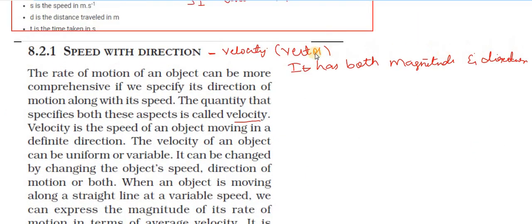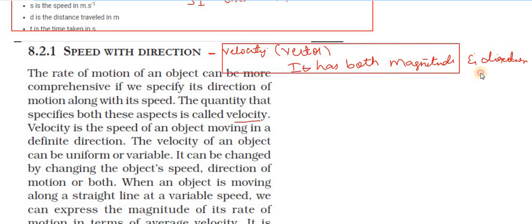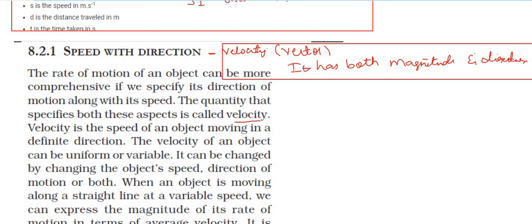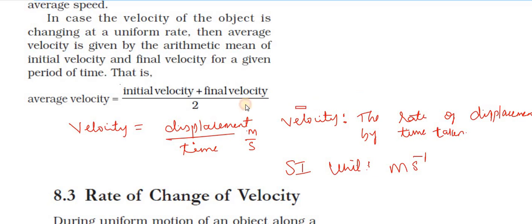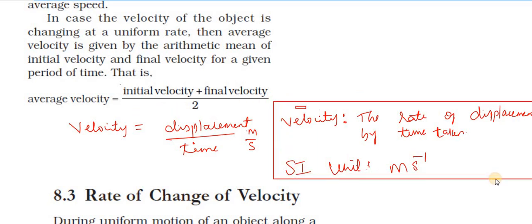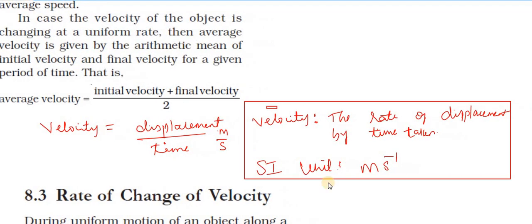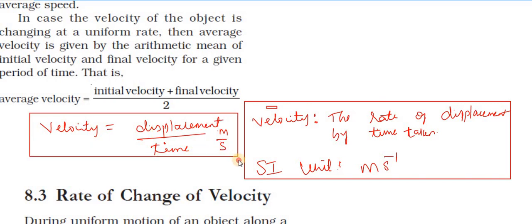And after that, what is velocity? Velocity is a vector quantity, it has both magnitude and direction. After writing that, write this: velocity is the rate of displacement by time taken, and its SI unit is meter per second. And also write displacement by time taken.